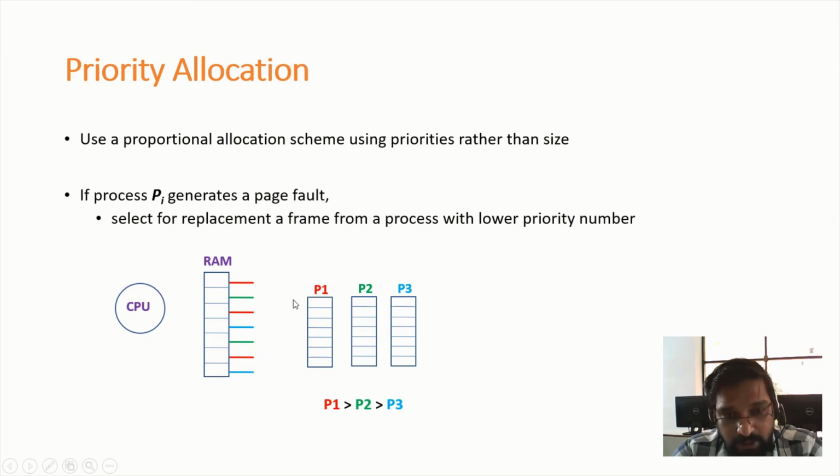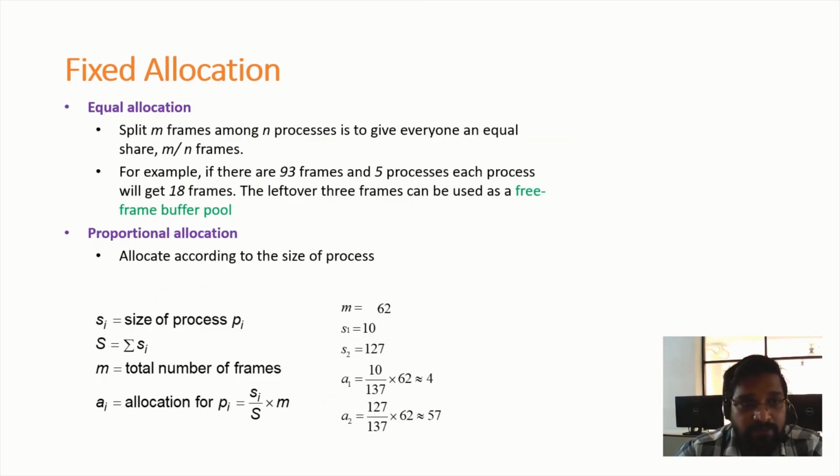Now let us assume that process P1 requests some more additional frames. In such a case, some of the frames allocated to process P2 will be assigned to process P1. So in priority allocation, frames are allocated dynamically to the processes, but in the case of fixed allocation, the frames are allocated statically to the processes.